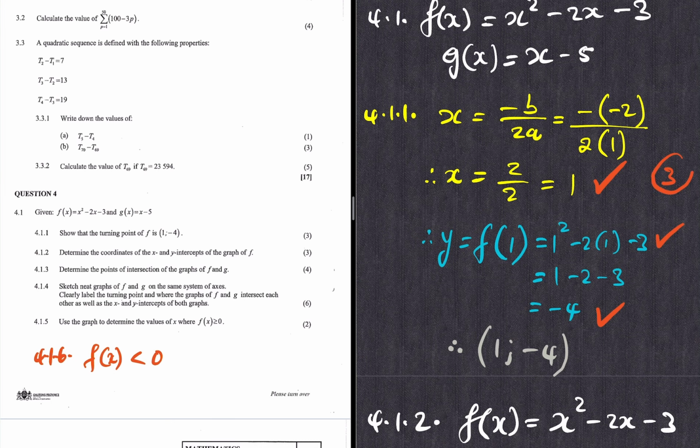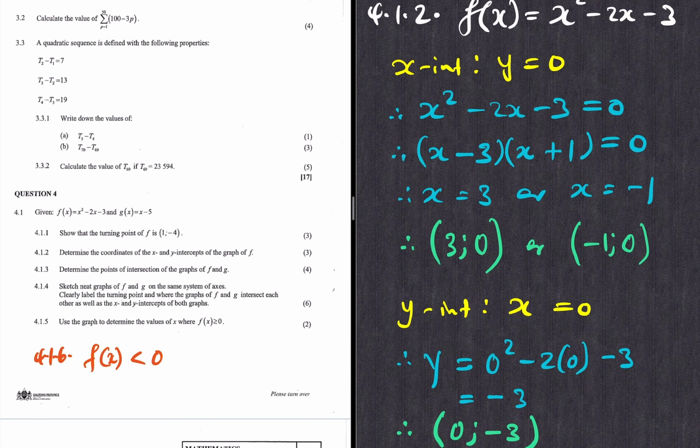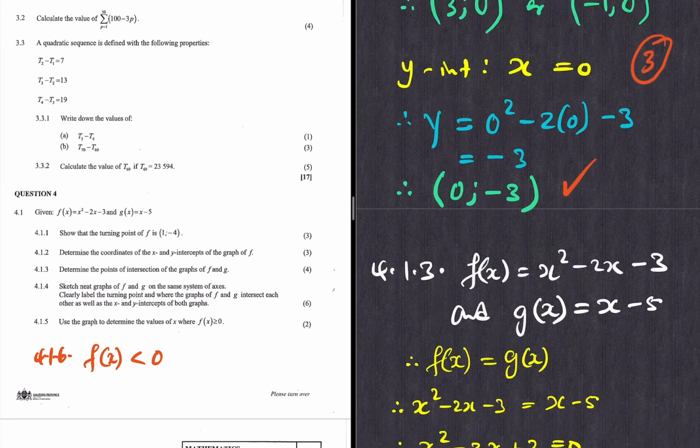This ties down to 3 marks there. That's why you guys should accumulate marks. The next question is to determine the coordinates of that. You get 2 marks, possibly, to get the factors of that one is 3 marks, and then you get your coordinates and the one for y-intercept. That is going to boil down to 3 marks as well.